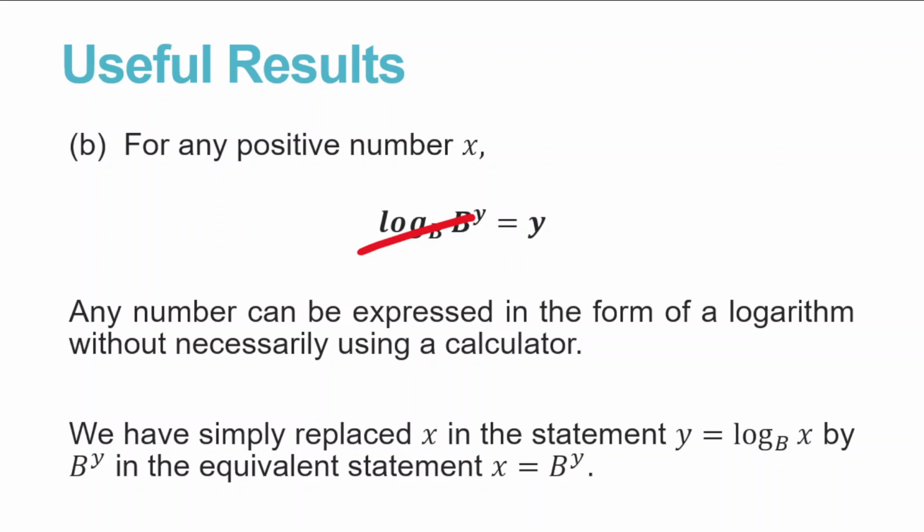So a few tips for you to avoid mistakes. Don't confuse the base and the result, because in log base b of x, b is the base and x is the result.